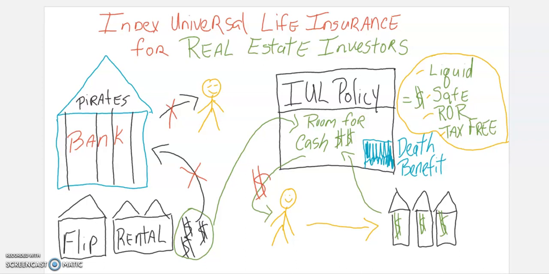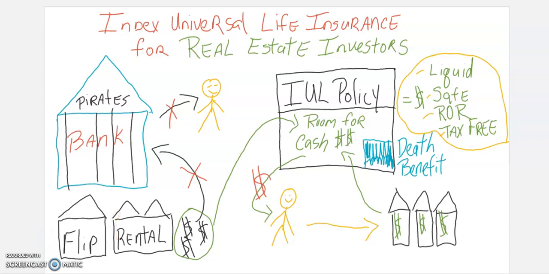So whether you're flipping, wholesaling, have rentals, or you're doing the BRRRR strategy, I ask a lot of investors when I speak with them where they put the money after they actually profit from a deal. The typical investor will say, well, I do my flip, I do my rental, I profit from it.